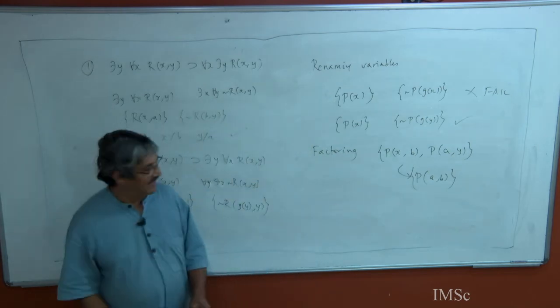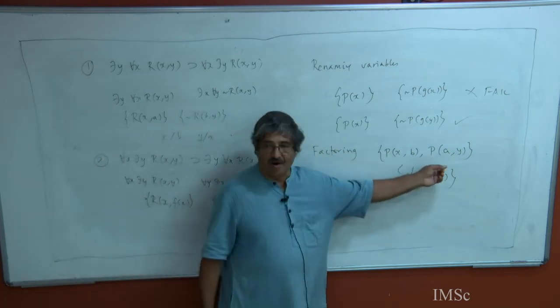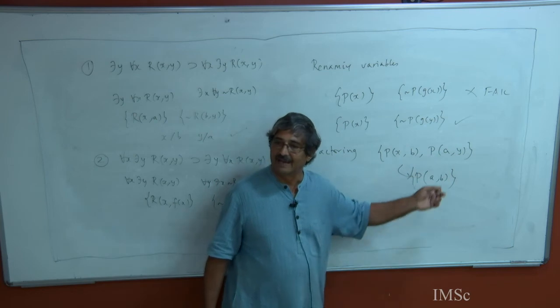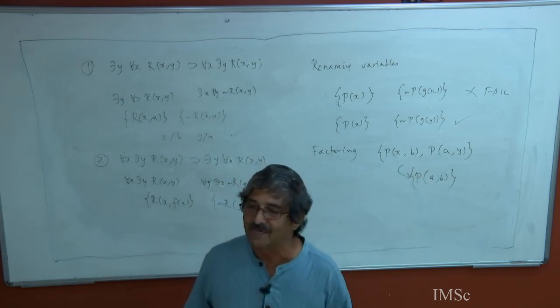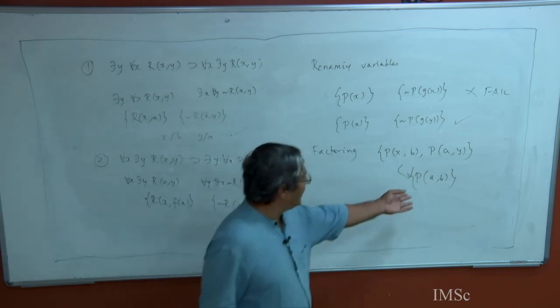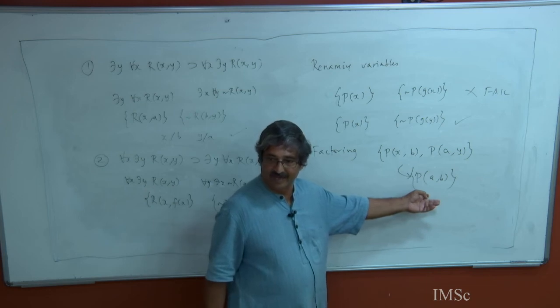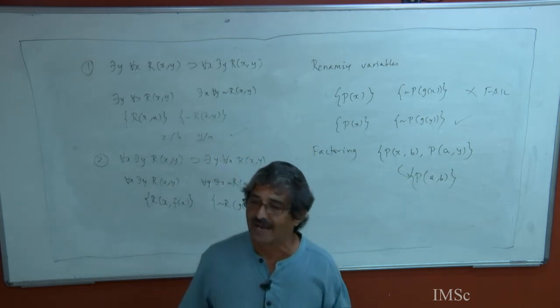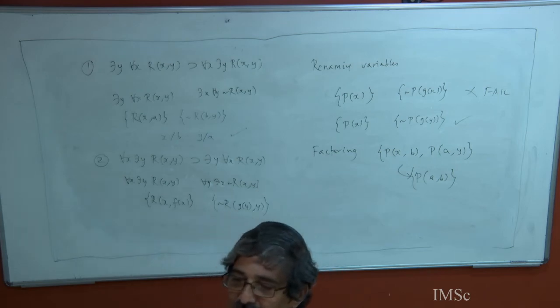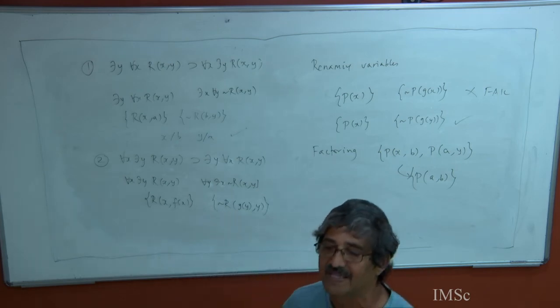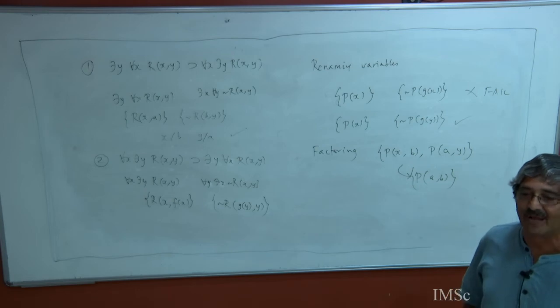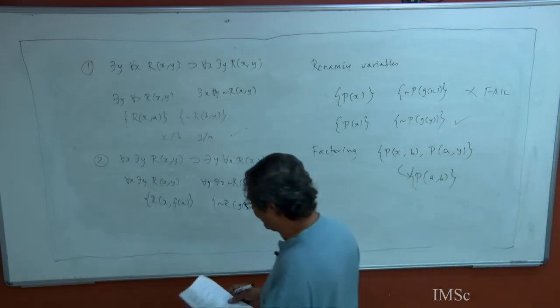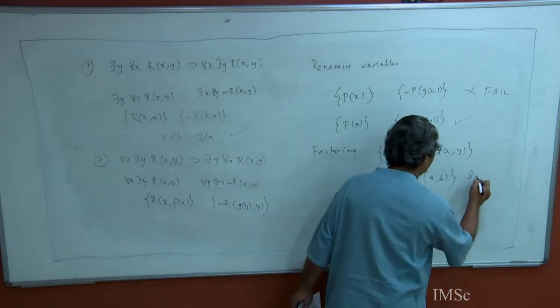If you write P(X,B) or P(A,Y), right, you can always make that true by making P(A,B) true, right? You are saying either x equal to A or y equal to B for P(X,Y) to be true. So you can always make that true by making x equal A and y equal B, right? So this is logically weaker.